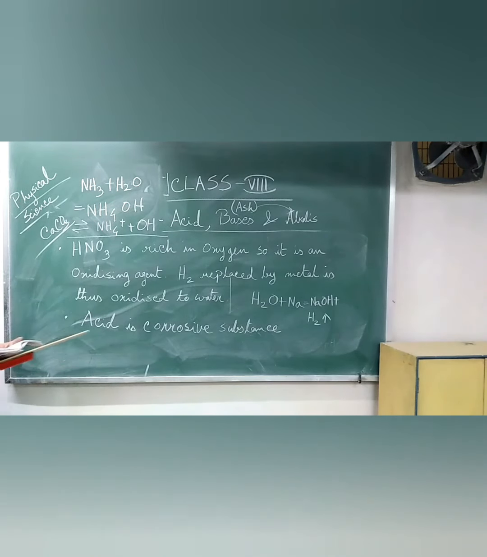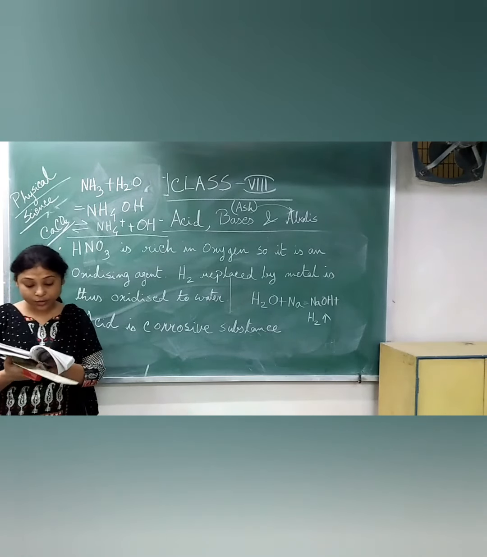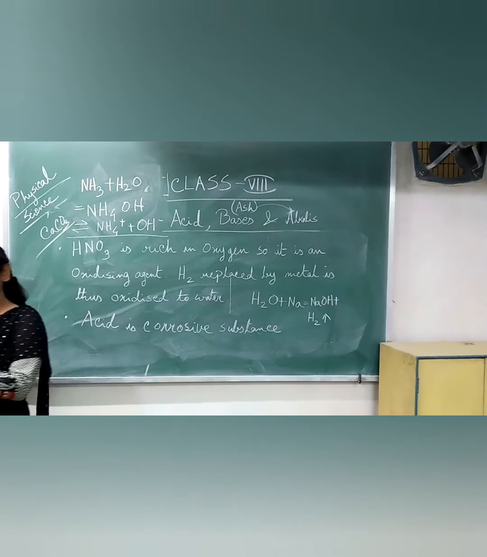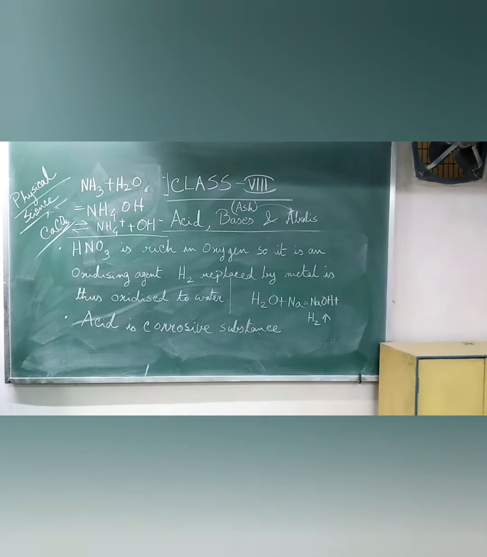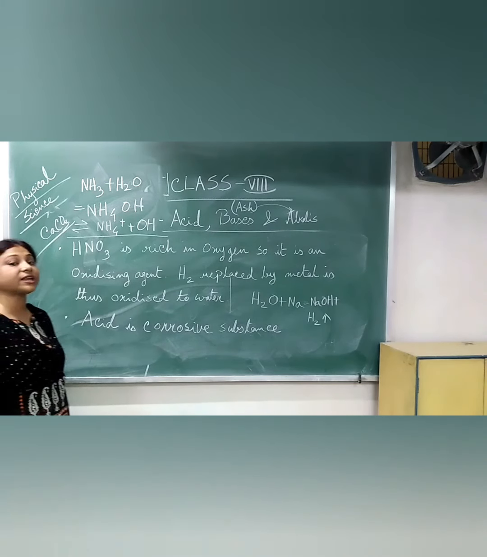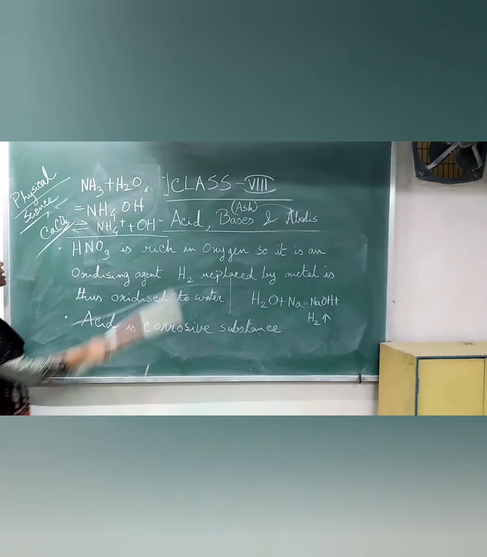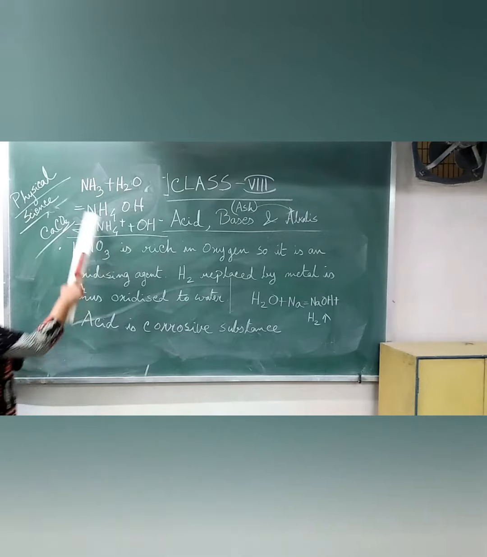Now the third point, that is, acid is a hydrogen containing compound, that I have told you obviously. But not all hydrogen containing compounds are acid. Why? I am giving you one example. I have taken this compound as an example, that is ammonia, NH3.